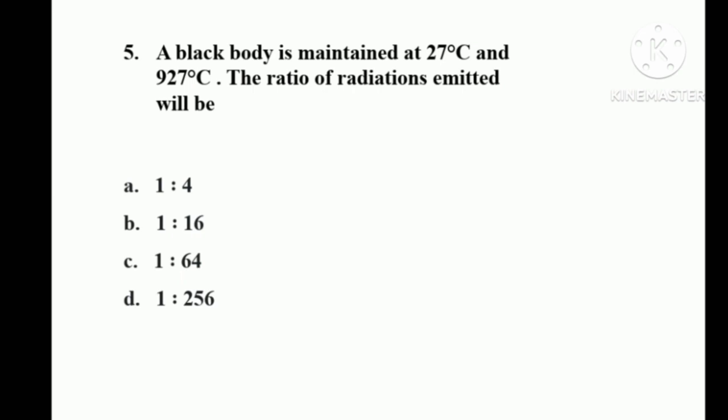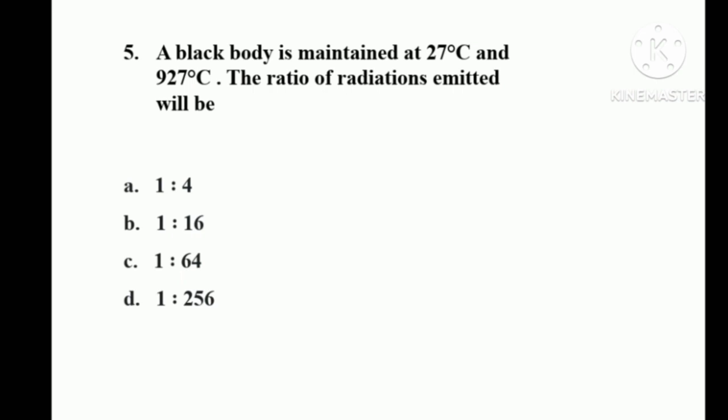In the question, temperature is given in Celsius scale. It should be converted into Kelvin scale before we solve the problem. We know Kelvin temperature is equal to 273 plus the Celsius temperature.